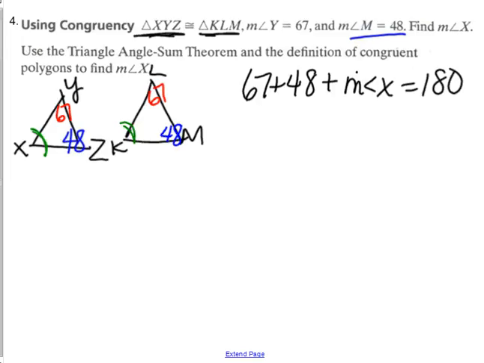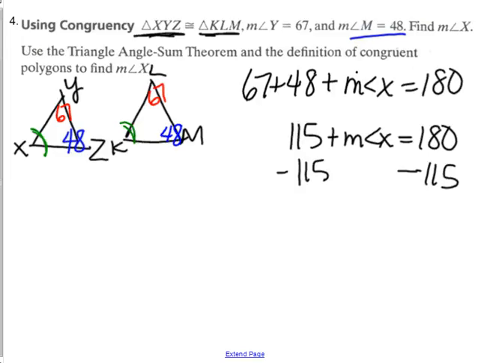All right, so when we do the math, we get 115 plus the measure of angle X equals 180. Subtract 115, and we get 65. So that's how you do one of those.